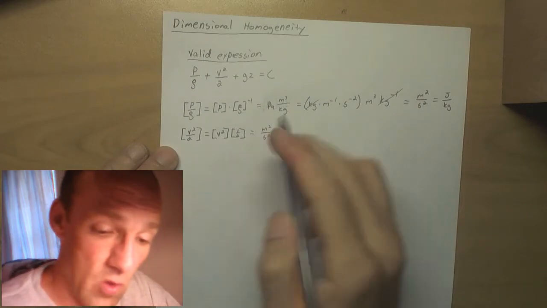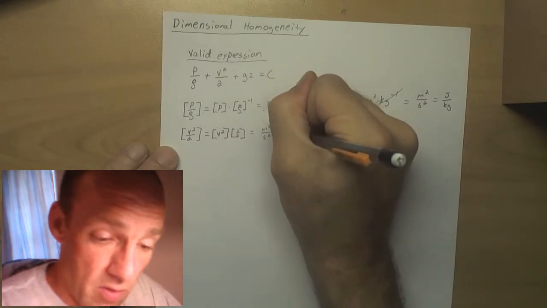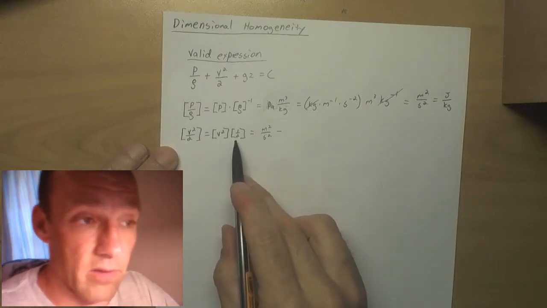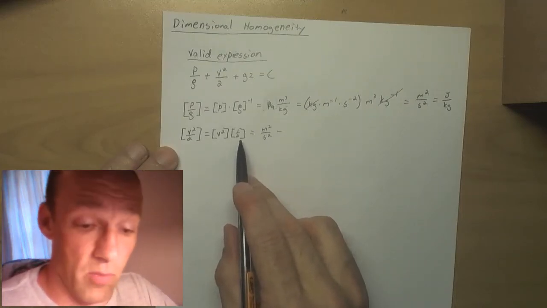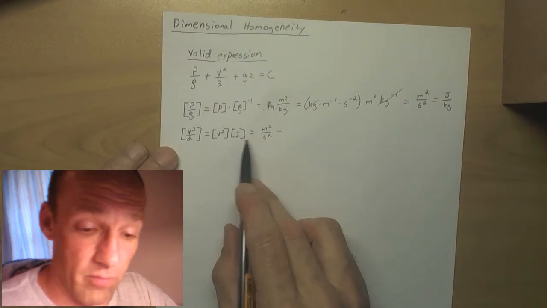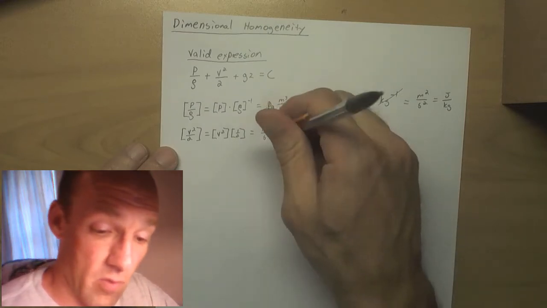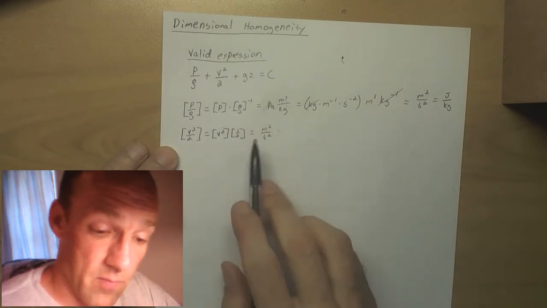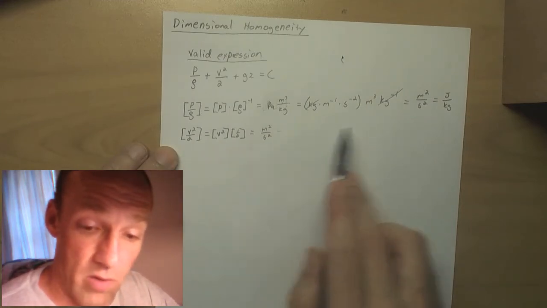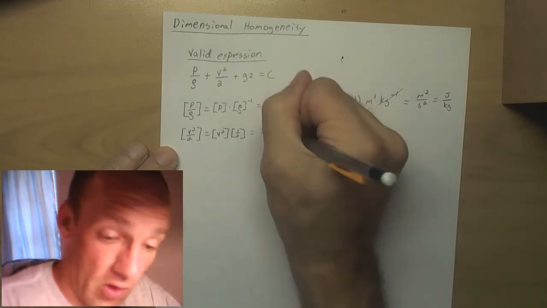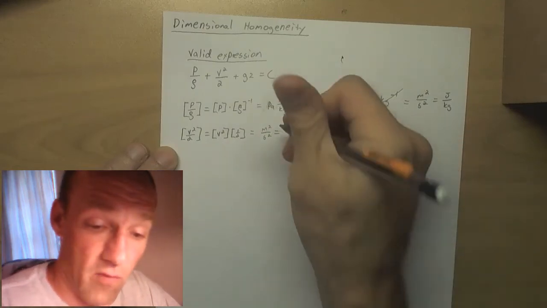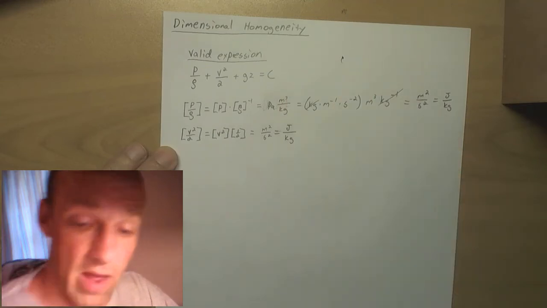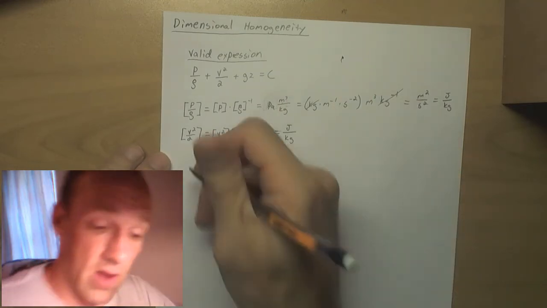And the units of 1/2, it's a unitless quantity. Okay, so it's just a number. It has no units associated with it. So that's what that little dash is supposed to mean. But essentially, I have meters squared per second squared, which again, I could also think of as a unit of energy per unit mass.